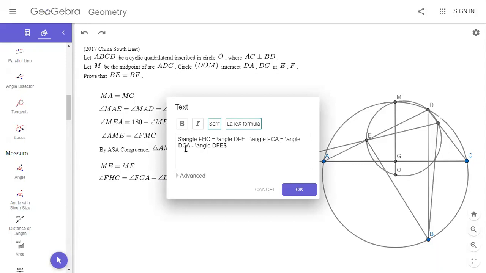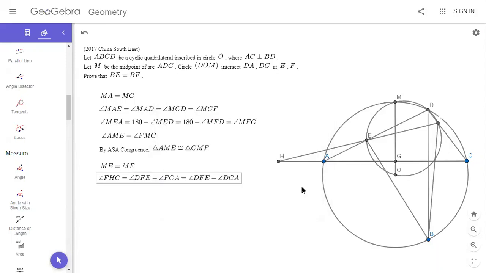And that's DFE minus DCA. Okay. And we want to show that that's DCM. So is DFE minus DCA equal to DCM?